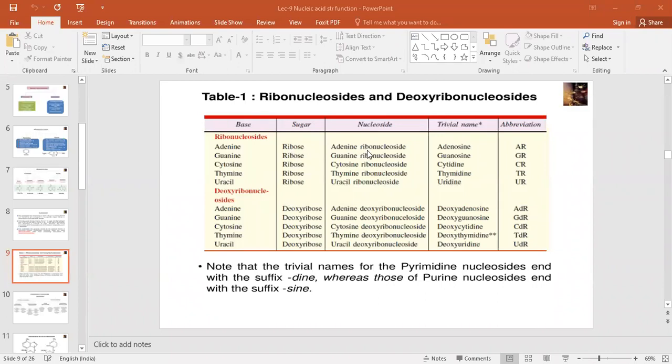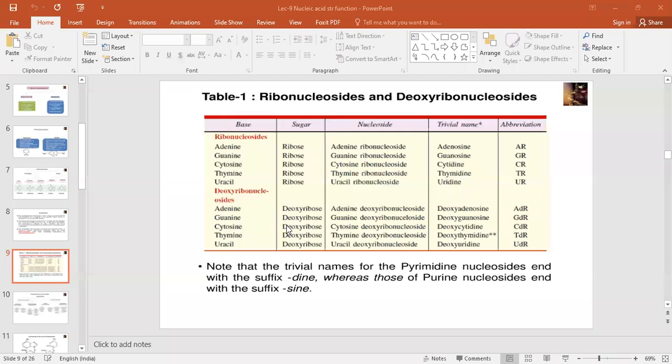Adenine plus ribose gives adenine ribonucleoside. Trivial name is adenosine. Abbreviation is ANR. Guanine, guanine ribonucleoside, guanosine, GR. Cytosine, cytidine. Why? Because it is a pyrimidine base.